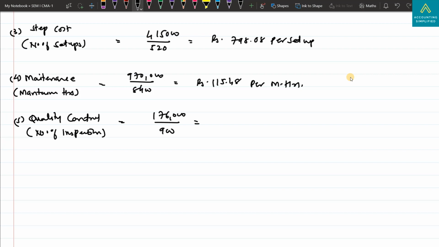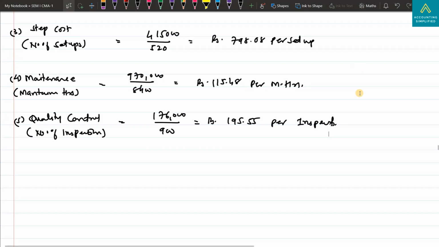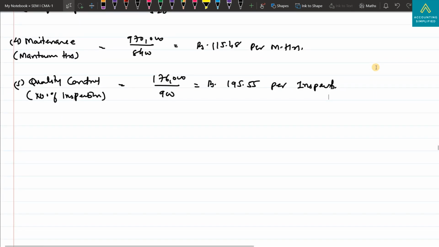So it is 195.555 per inspection, right? If we do an inspection, one time it costs 195. Sixth one is machinery.